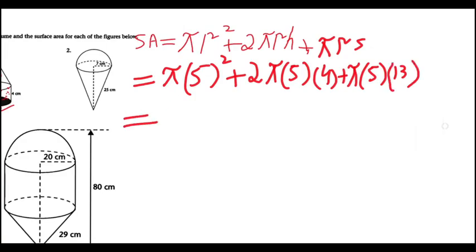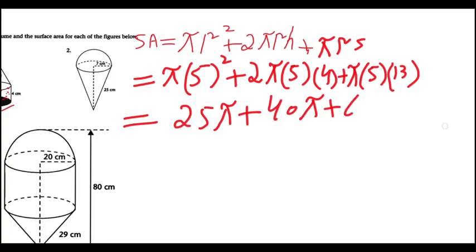Now I'm going to simplify. This becomes 25 pi, plus this becomes 40 pi, plus this becomes 65 pi.